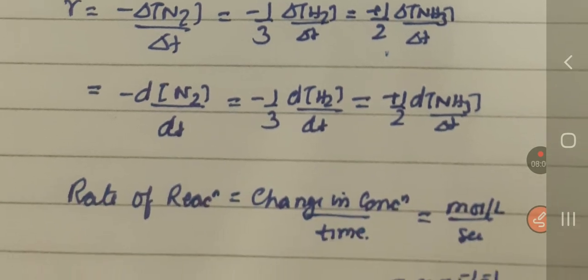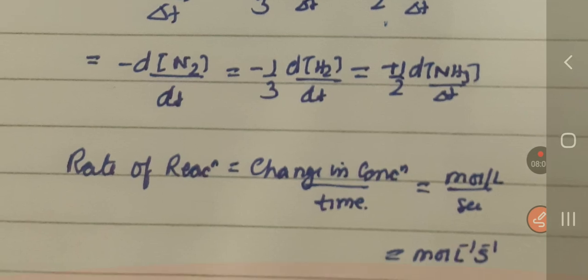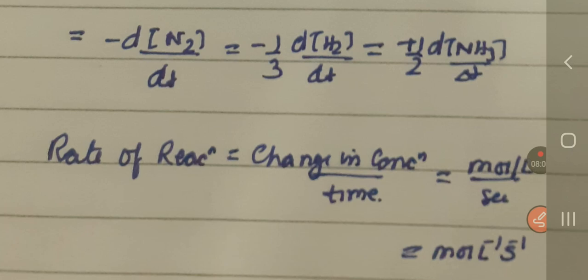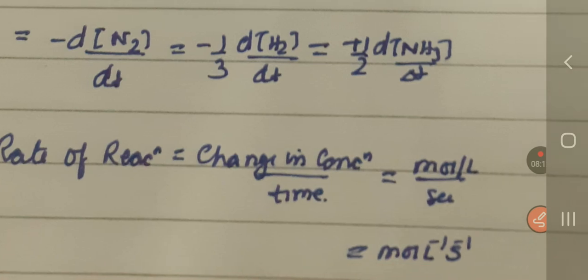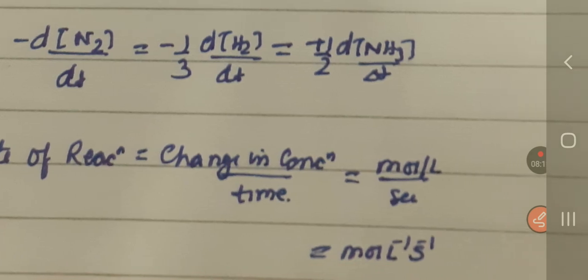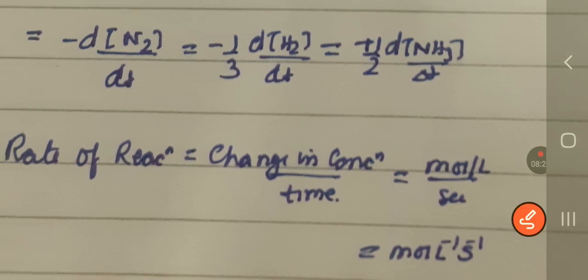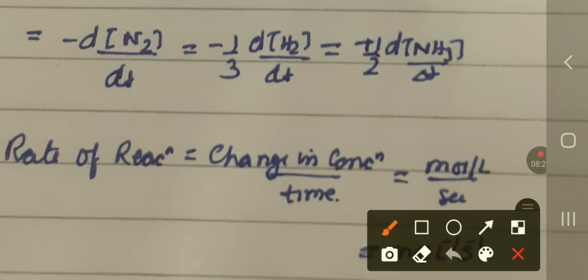And rate of reaction, therefore, we can write like this: change in the concentration of reactant or product with respect to time. The SI unit of concentration is mole per liter, and for time it is second. So mole liter inverse second inverse is the unit for rate of reaction.